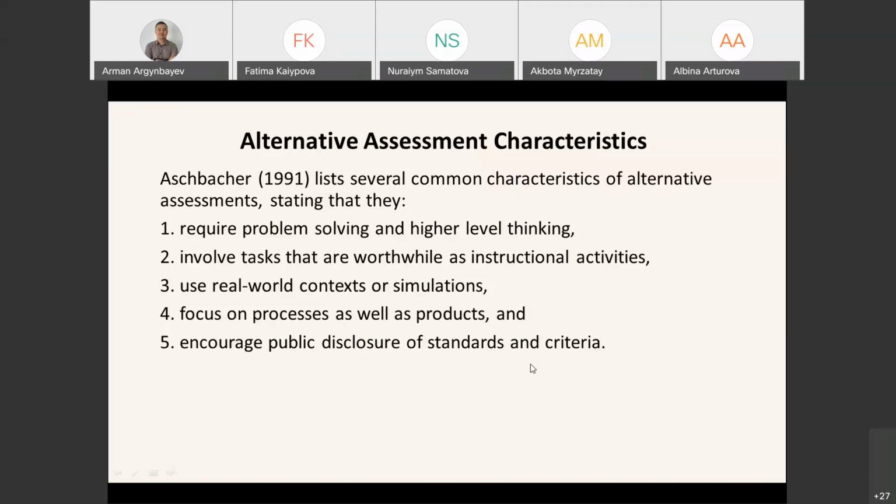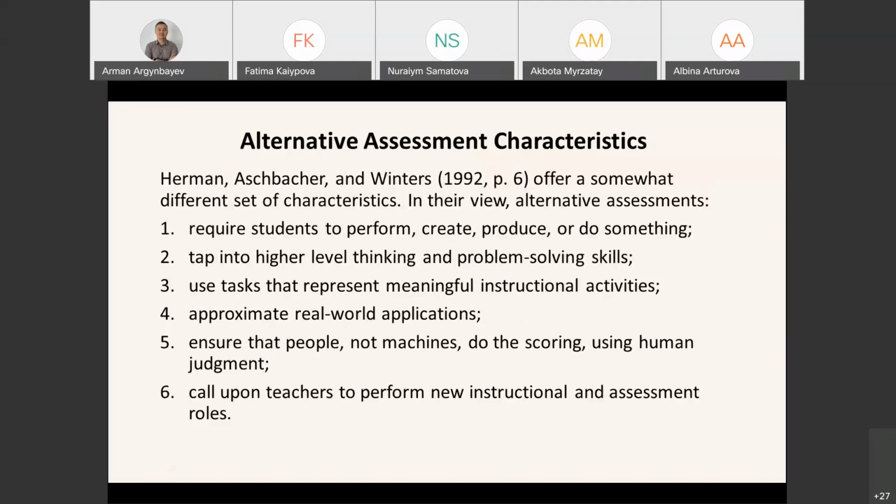And another definition by Herman, Aschbacher, and Winters.